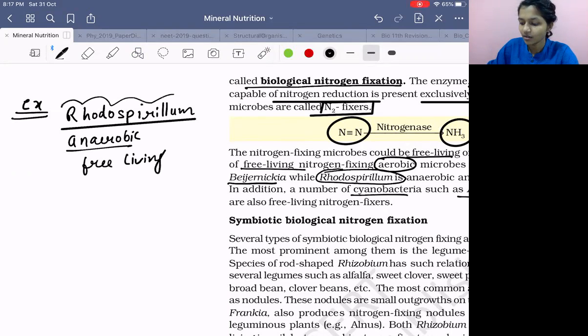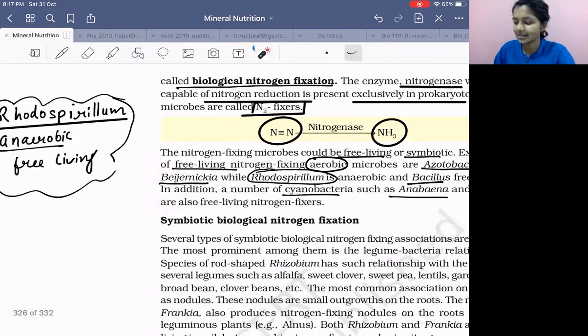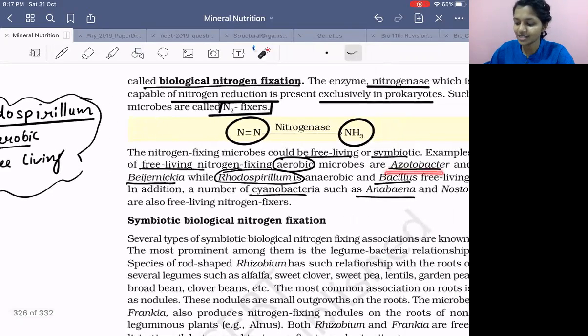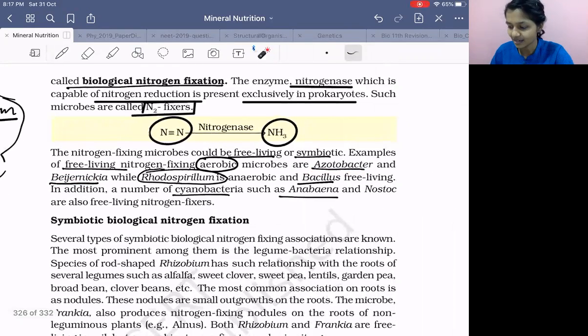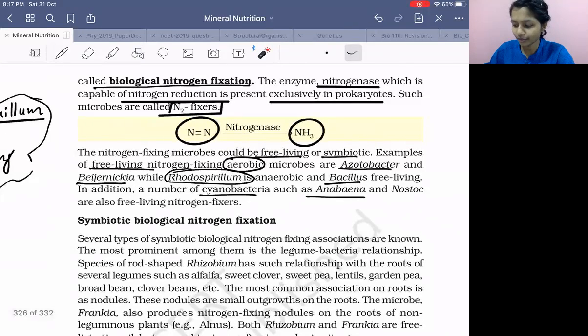Other than that, all are aerobic and free living: Azotobacter, Beijerinckia, Bacillus. Basically these are chemoautotrophs. Azotobacter, Beijerinckia, Bacillus, Rhodospirillum are chemoautotrophs because they make their energy from chemicals.